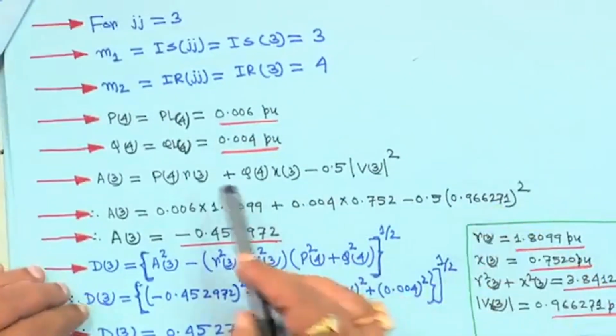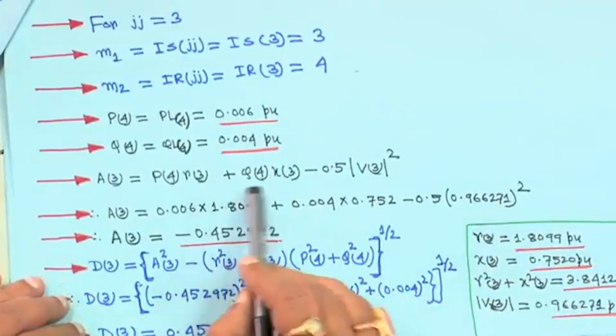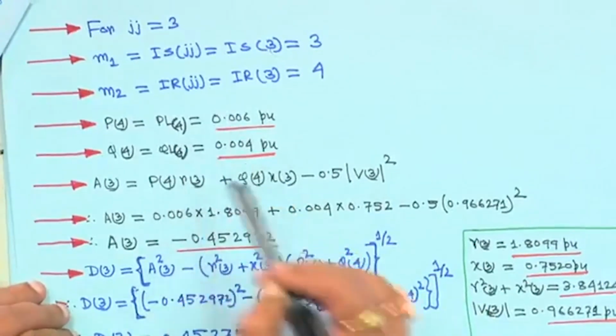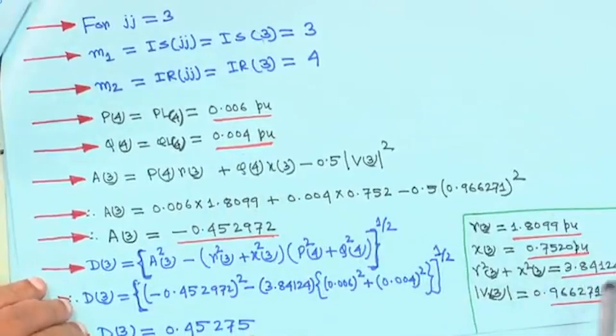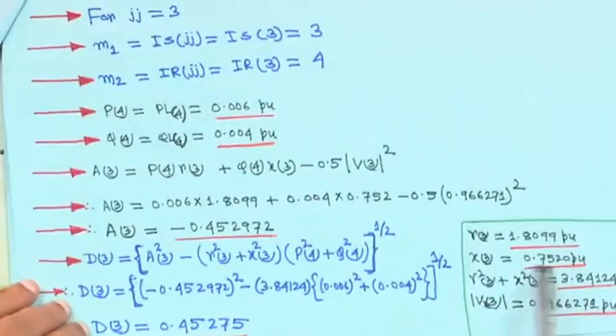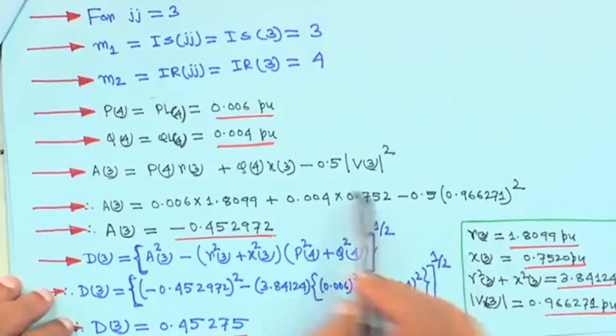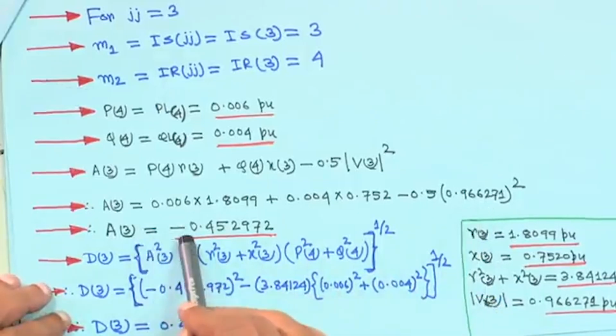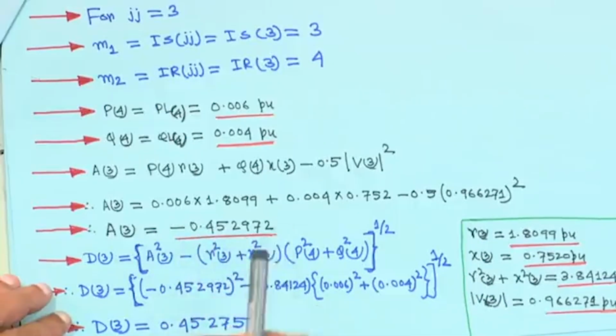Then put all these values: P 4, R 3, Q 4, X 3 and V 3 square, where V 3 you have just computed in the previous slide, V 3 equal to 0.966271. Put everything here, and you will get A 3 equal to minus 0.452972.